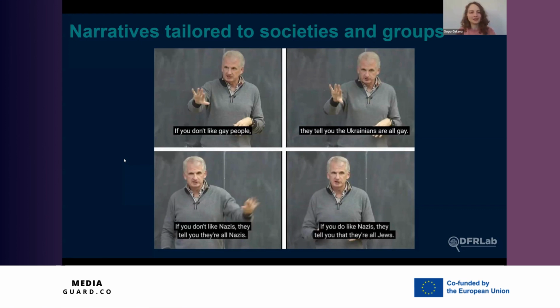If you don't like Nazis, they will tell you that Ukrainians are Nazis. If you like Nazis, then they will say that they are Jews. So these are contradictory, opposing messages, right?